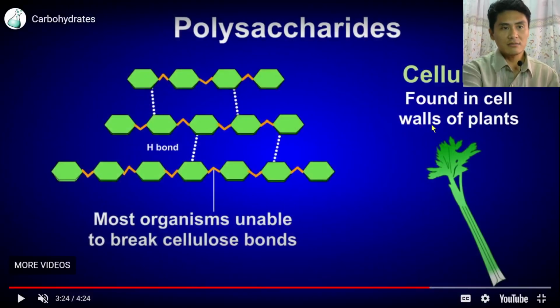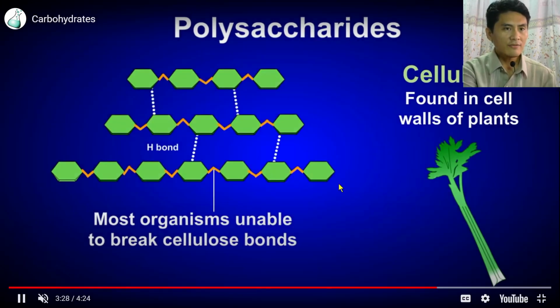Cellulose is very hard to digest, and it serves its purpose because it is used as the bark of the tree, for example, and it's structural, so it has to be firm. It must not be soft. So that's cellulose.